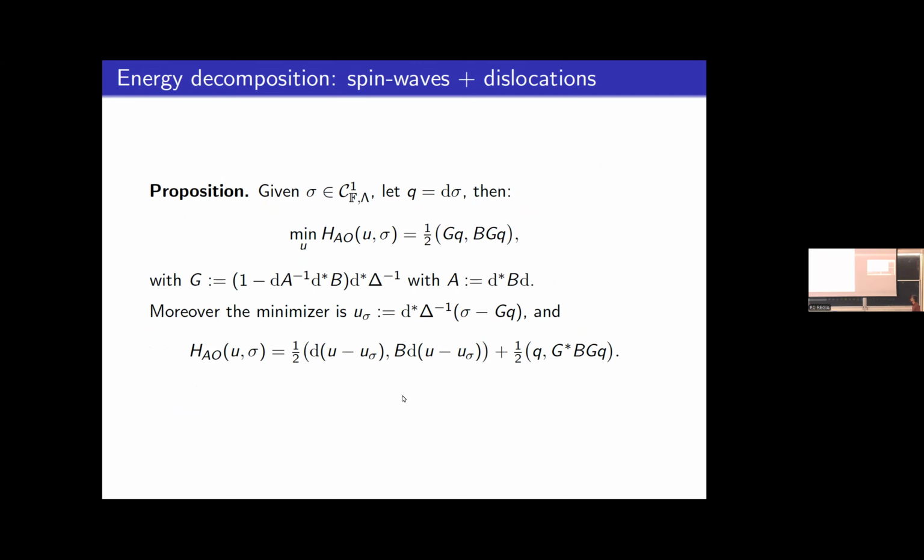G looks like some kind of pseudo inverse or something like that. Can you simplify it if you assume that B is invertible? Yeah, if B were the identity, all this part would just disappear.